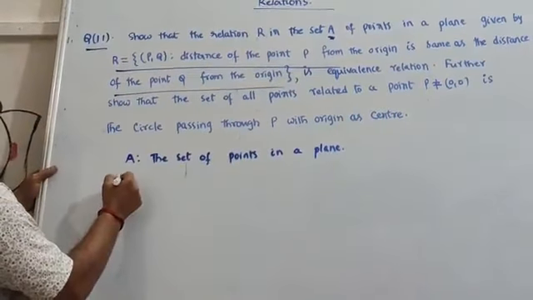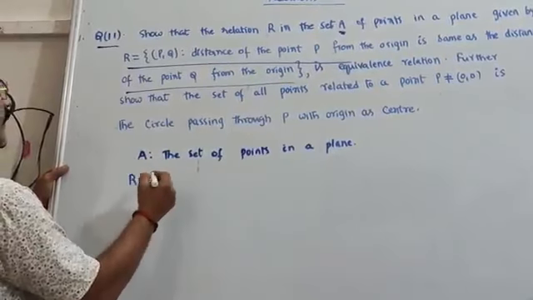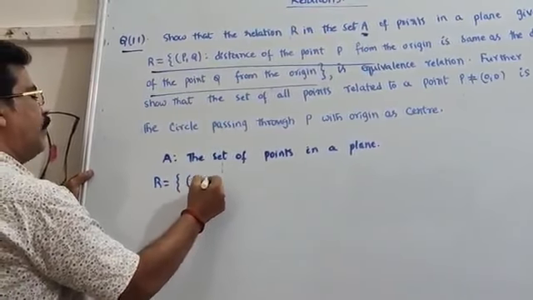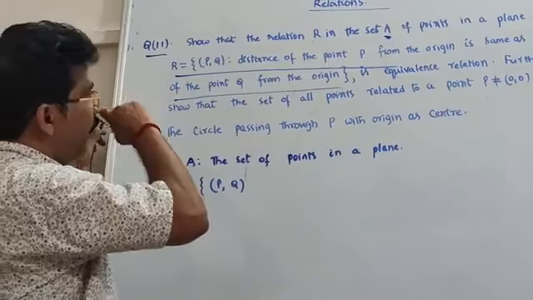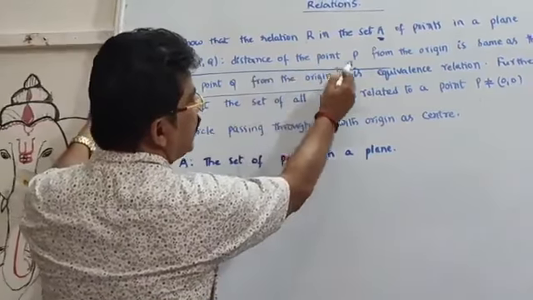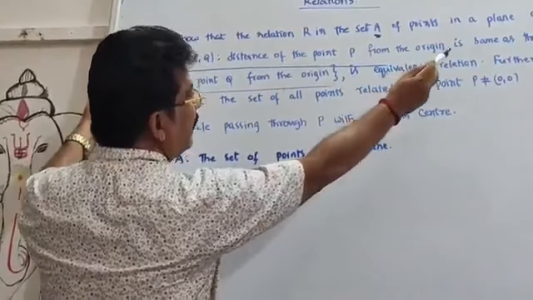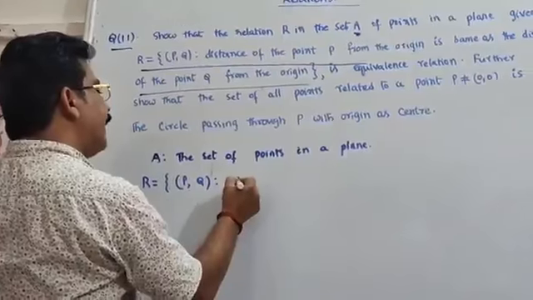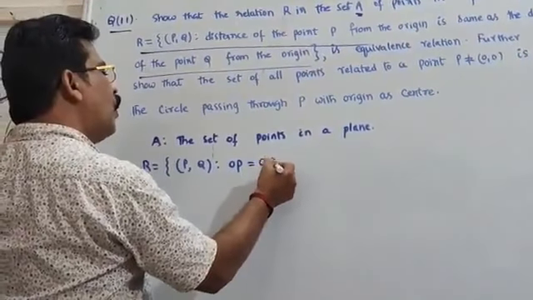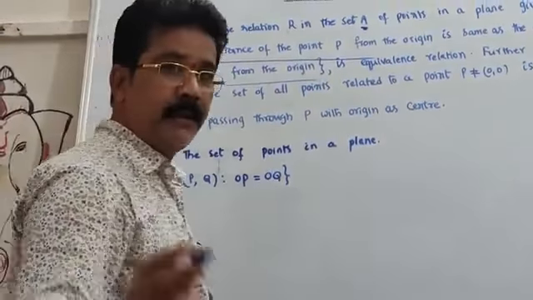Capital R is equal to the set of (P, Q), P one point and Q another point in capital A, such that the distance of P from the origin is the same as the distance of Q, so that OP is equal to OQ.